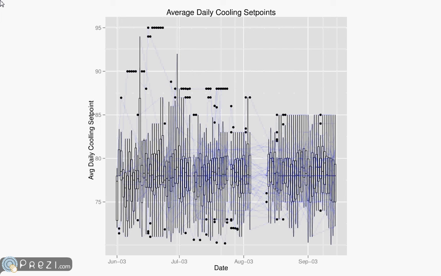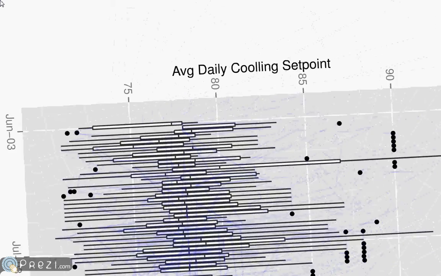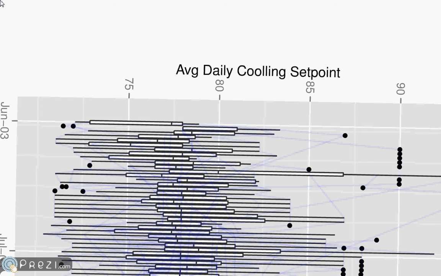The boxes themselves cover the interquartile range, between the 25th percentile and the 75th percentile. Those little lines extend out to give you a 90% block, and there are a couple of outliers. The big focus should be that it's a huge temperature range for these average cooling set points.